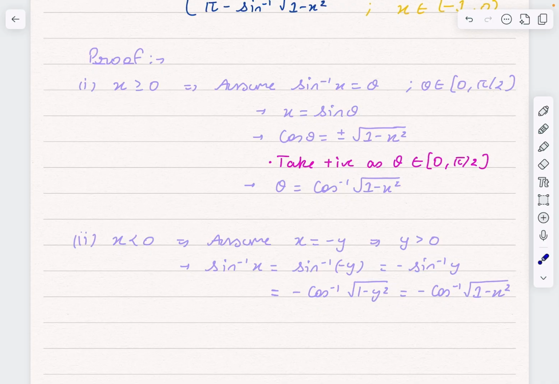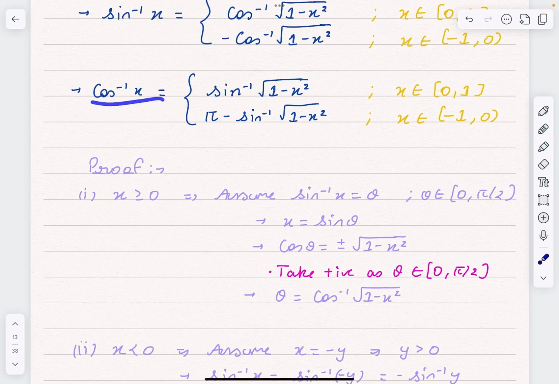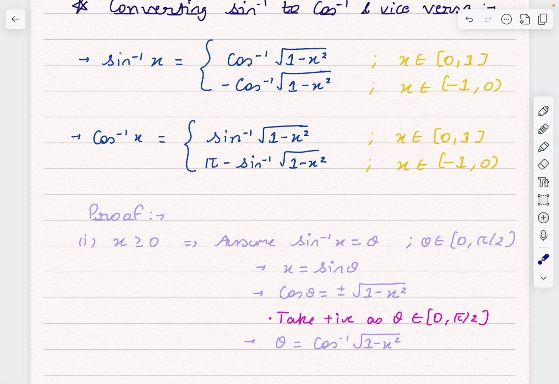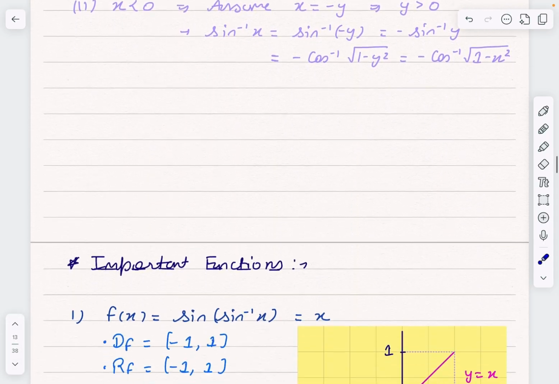So we get minus cos inverse root 1 minus y square, and x is minus y, so y square will be x square only. So we get minus of cos inverse root 1 minus x square. Same way we can prove this for cos inverse x also. But at the end of the day, we just need to know the results. Directly we can use them.